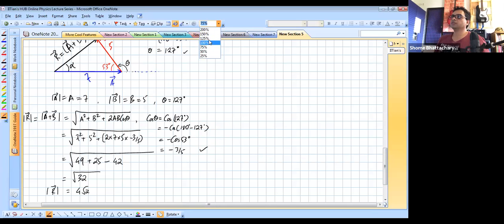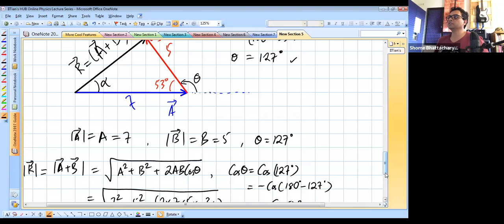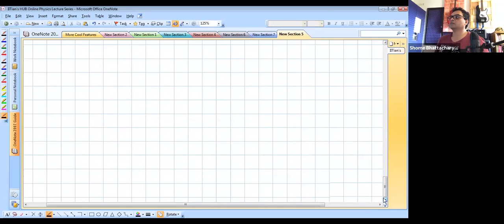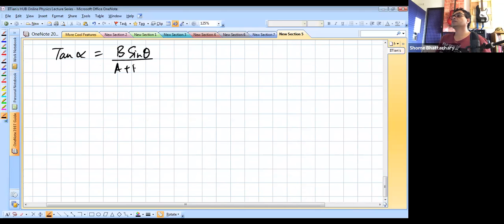So if you're clear with this, now we can go ahead and see the second part of it. To calculate the angle alpha, we can now use this formula that tan alpha is b sine theta upon a plus b cos theta.